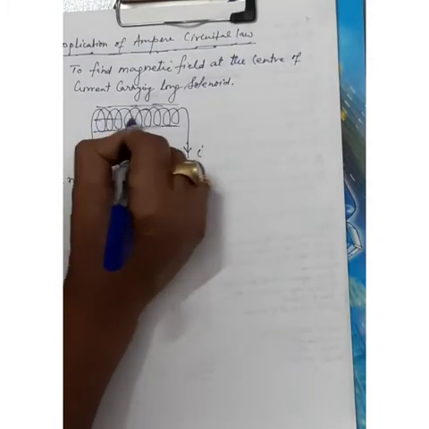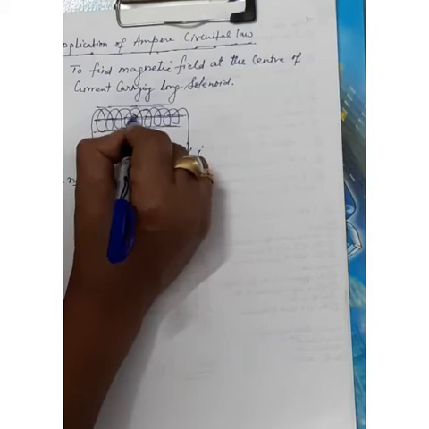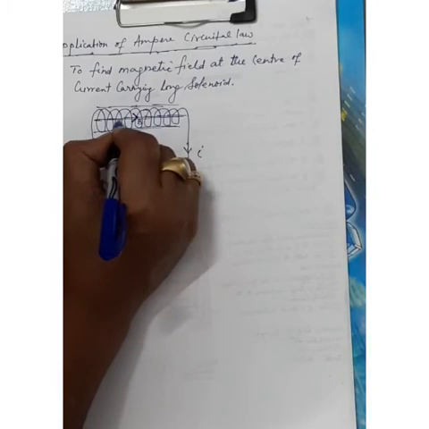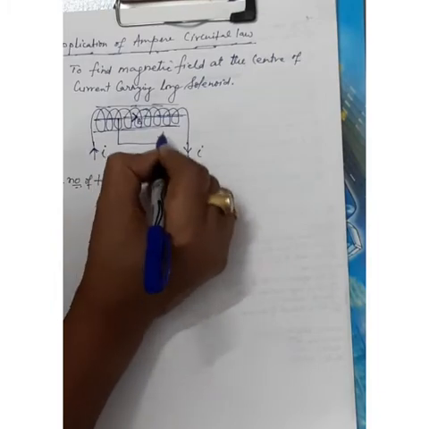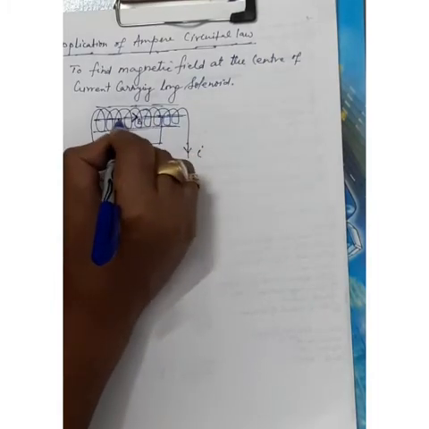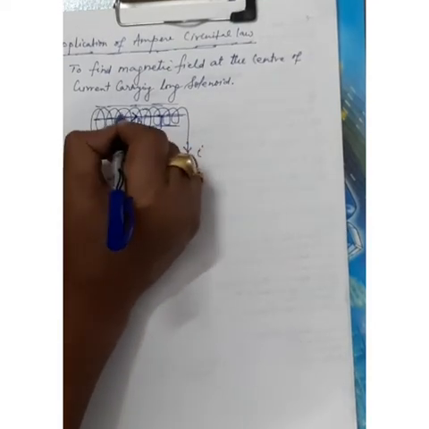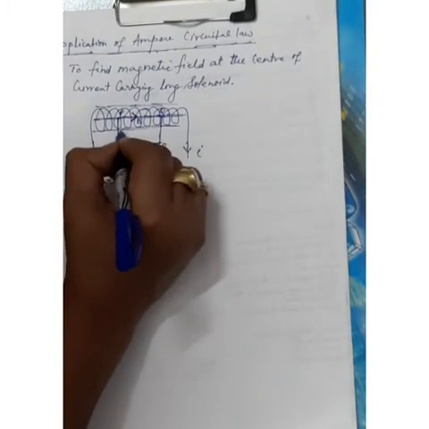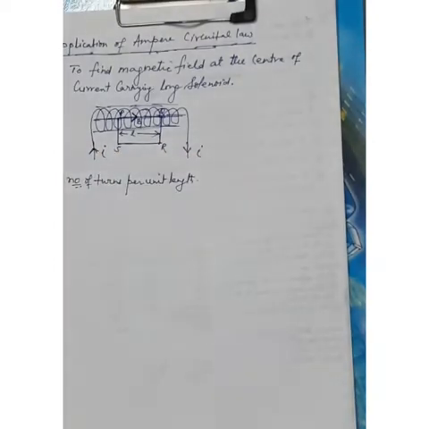So this is the axis, and along the axis the magnetic field is B, and I am taking a loop P, Q, R and S. The length is small l. Right? So the diagram is clear.